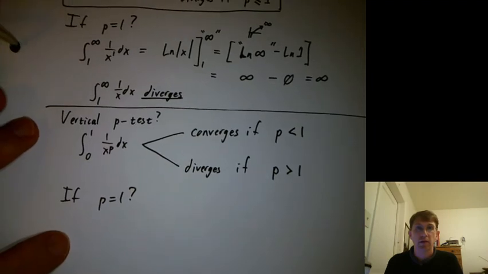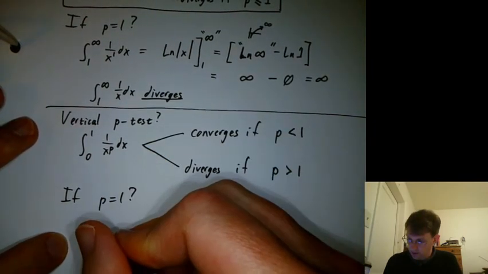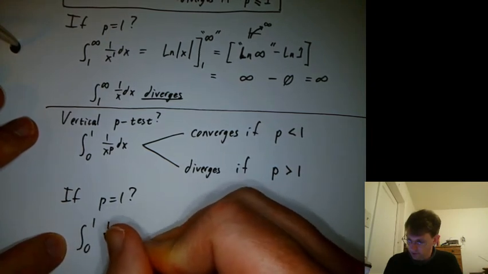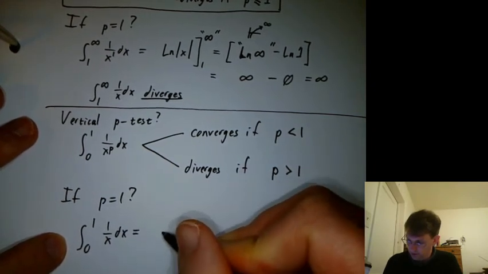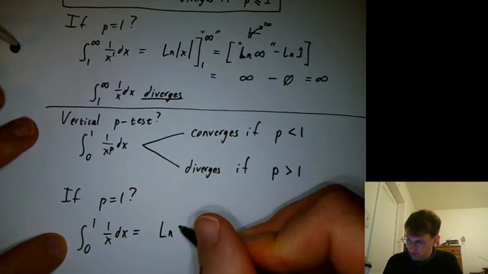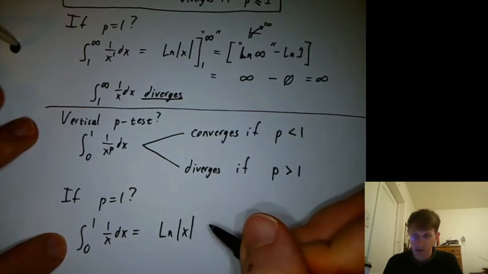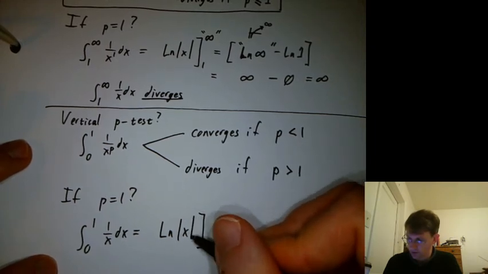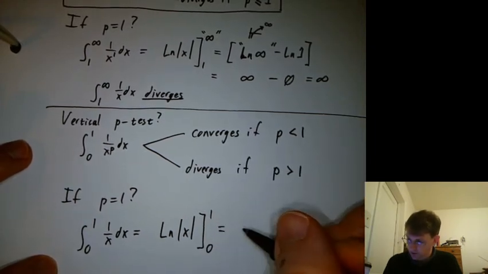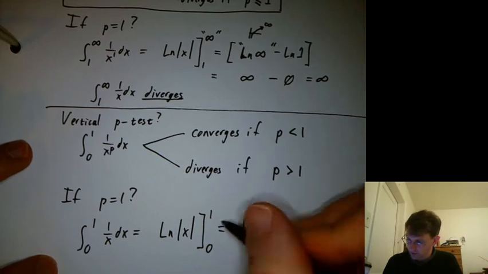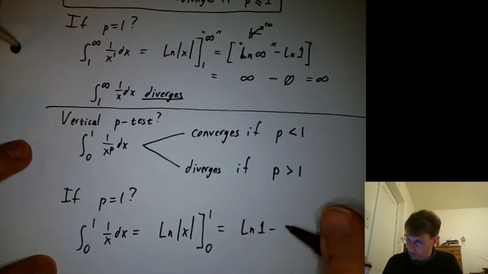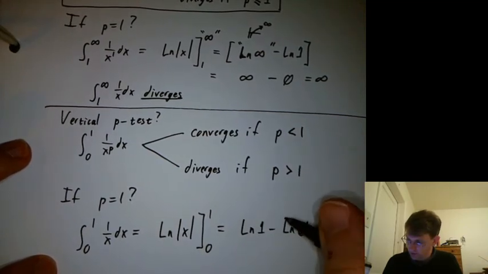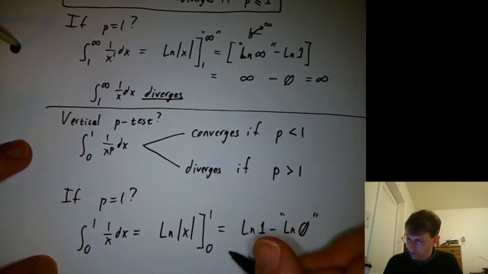So go do this integral for p equals 1 and see what you get. So we go 0 to 1 of 1 over x dx, which would give us log of the absolute value of x. Again, all the x's are positive, so we don't really need to worry about the absolute values. So this would give us log of 1 minus log of 0, which we'll kind of put quotes around.